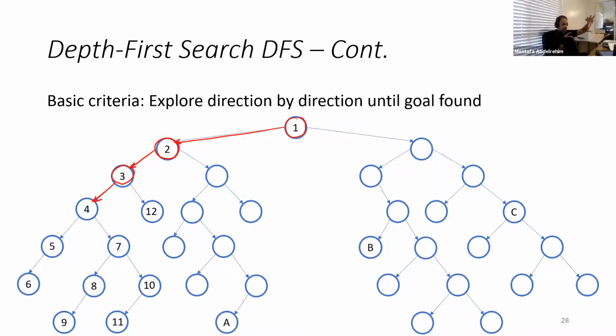So you take an option and just go deep in that option until you finish all the possibilities that come out of this option. You may find the goal, or you may not find it. But if you didn't find it, you are 100% sure that this path, this option, will not lead to the goal. I mean, you get full information about what's gonna happen if you take this path.